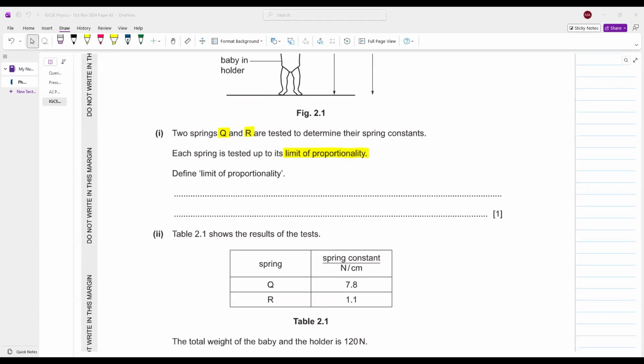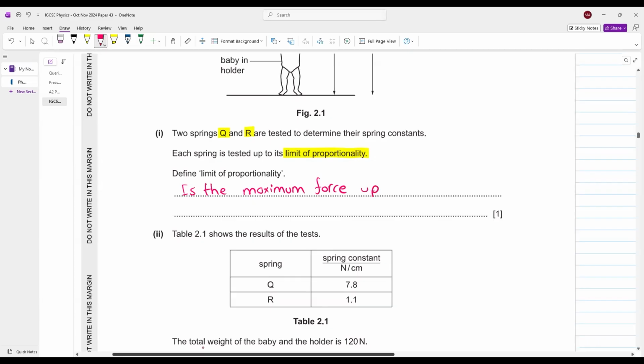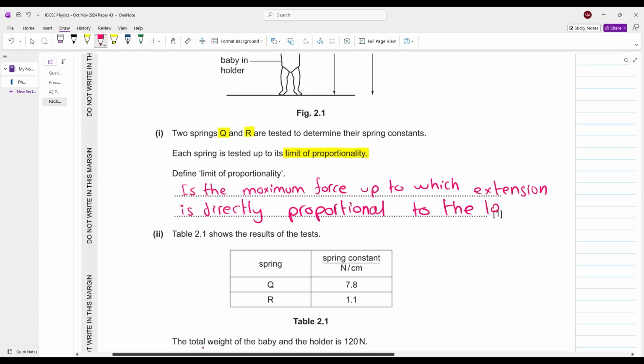So you can say limit of proportionality is the maximum force up till which extension is directly proportional to the load. Simple as that, nothing complicated here.